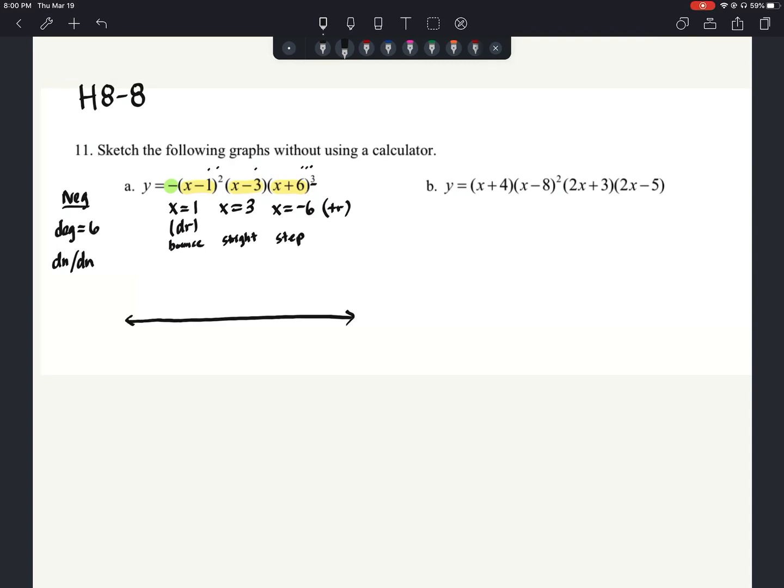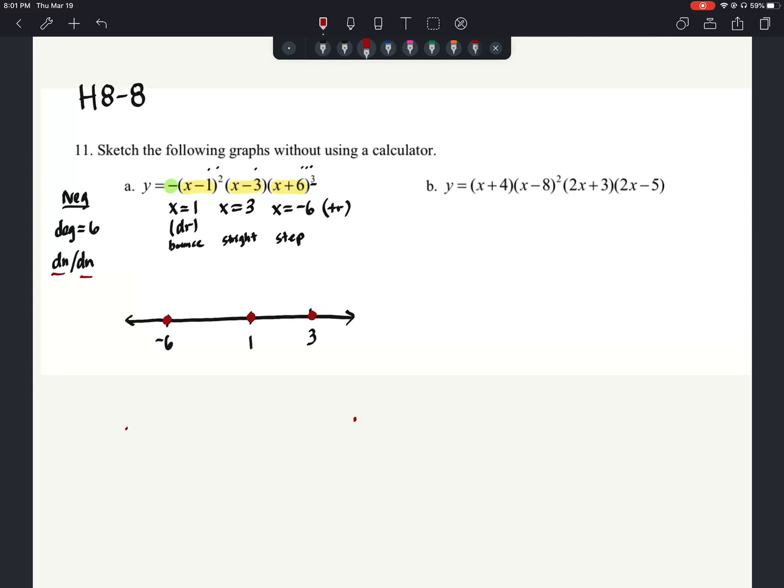So let's label our x-axis. We've got a negative 6 on there, and a positive 1 and a positive 3. We know there are actually values there, so we'll put those x-coordinates on there. We said it's got to go down, down, so it's going to start down here and end down here.